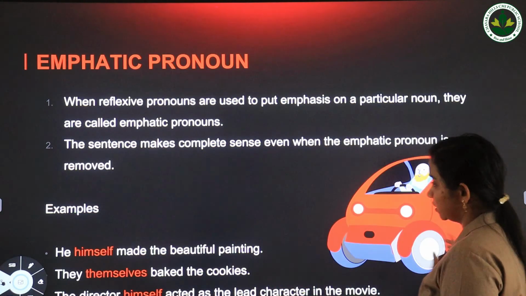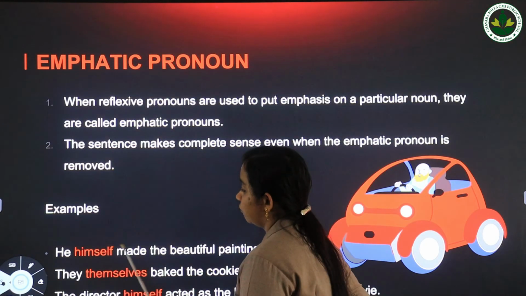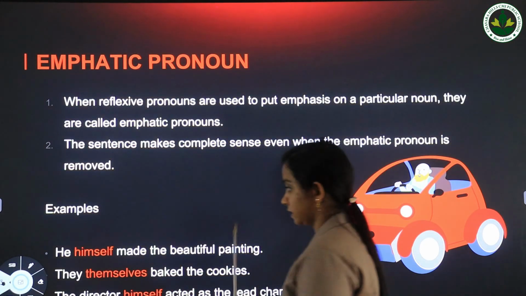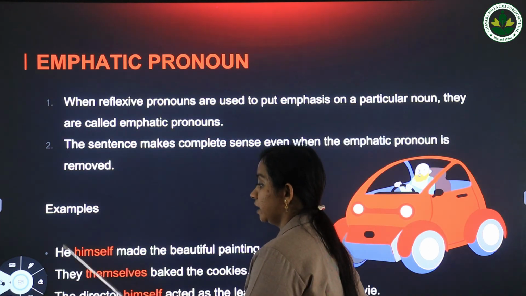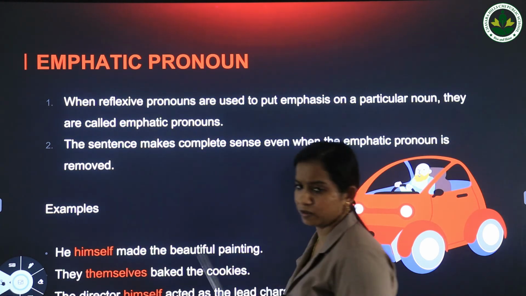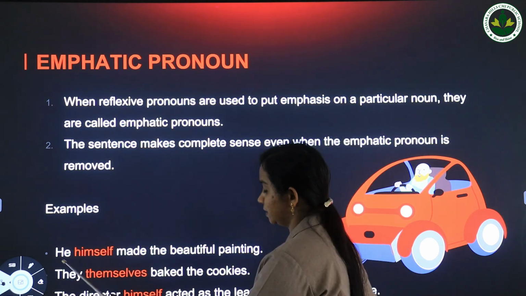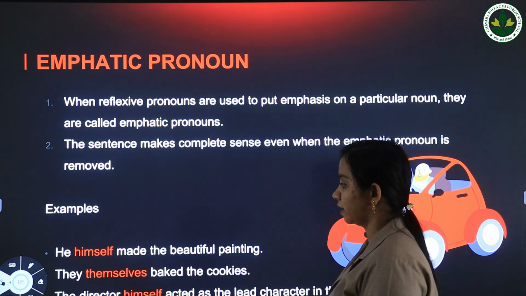Okay, just see the example, then the idea will be clear to you. He himself made the beautiful painting. So here he is given importance. If we remove the pronoun himself, the meaning will not change. He made the beautiful painting. The meaning is correct, right?